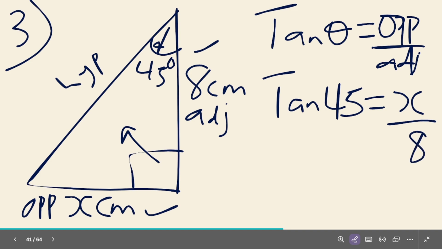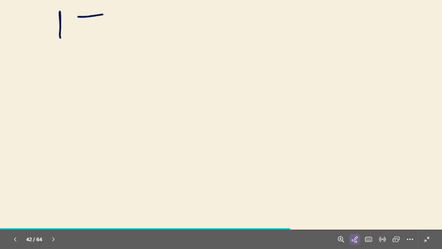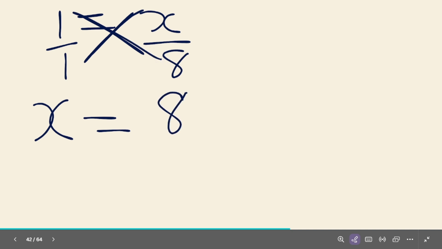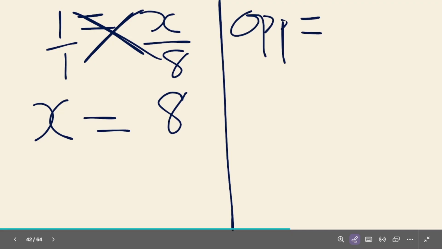From your calculator, what is tan 45? Correct, 1. So 1 is equal to x all over 8. Let me come over here and rewrite it. You make this over 1, you cross multiply. So x times 1 gives you x, equal to 8 times 1 gives you 8. So automatically your opposite is equal to 8 centimeters.